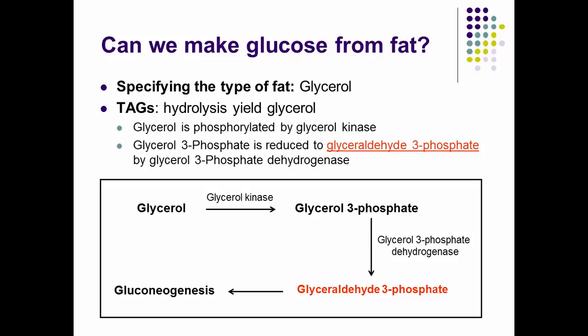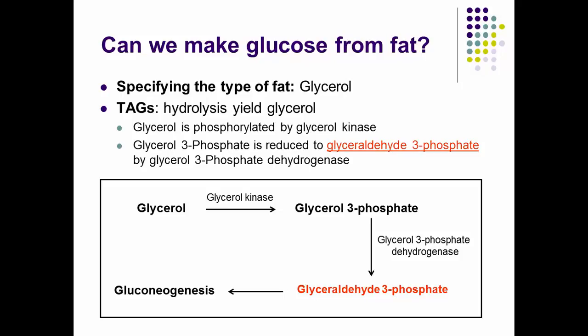First one is glycerol. Remember, glycerol comes from the hydrolysis of triglyceride during the fasting condition. So glycerol levels increase during fasting, and glycerol can be picked up by the liver and utilized for glucose synthesis, gluconeogenesis.